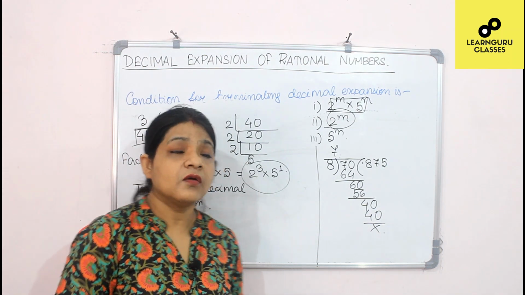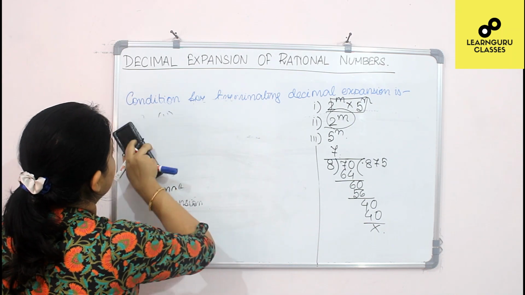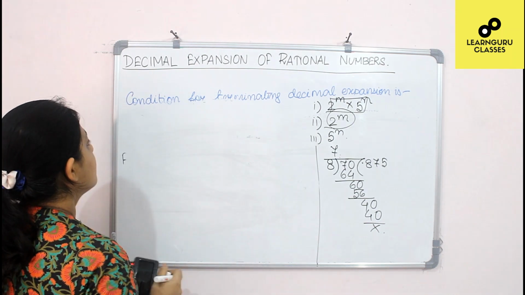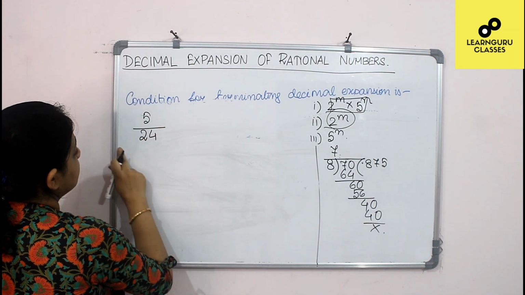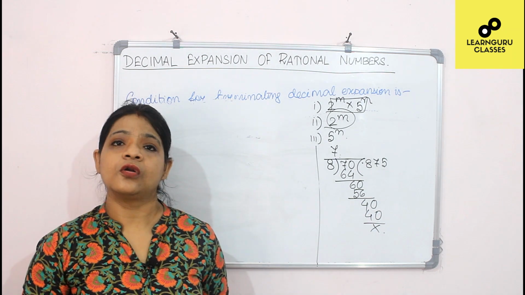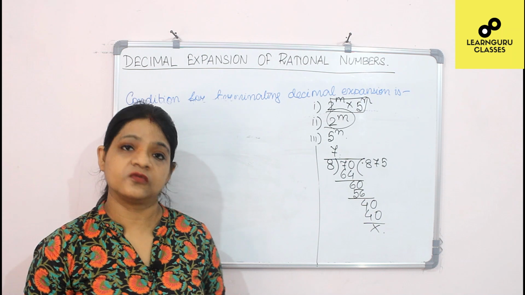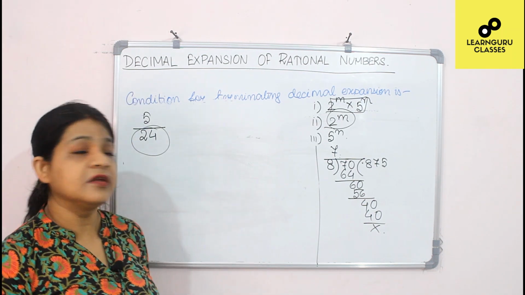Let me take another example. Let me take 5 by 24. Now you tell me whether it is a terminating or non-terminating decimal expansion. For that, you have to factorize the denominator.